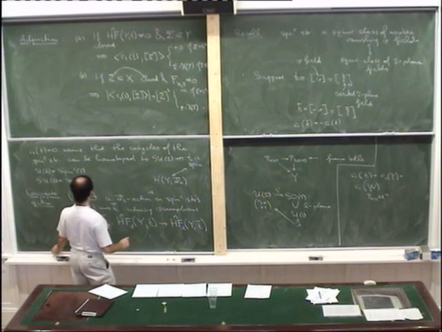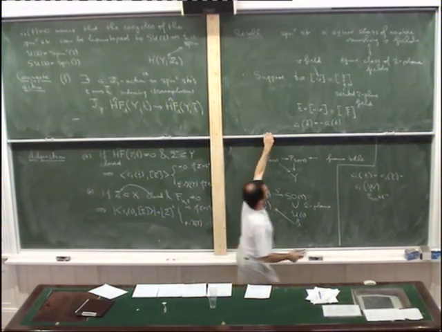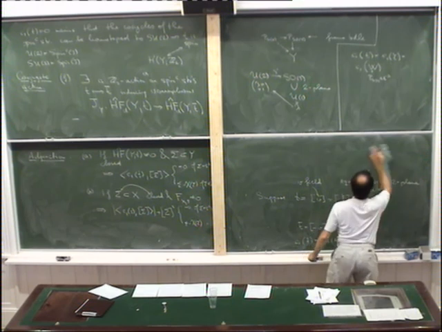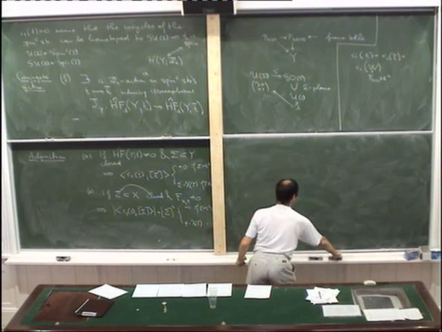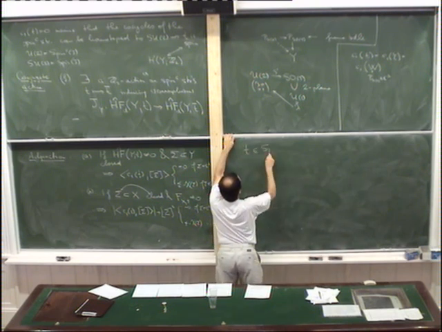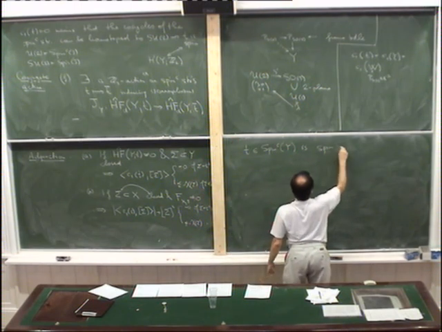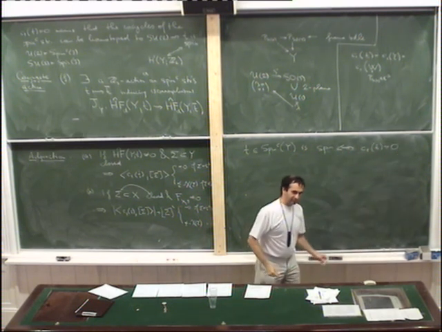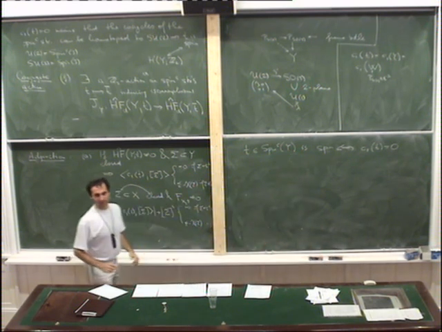So let me just write that down. T is spin if and only if C1 of T is equal to 0. And somehow, it's just a digression. There is no Heegaard Floer or any frightening holomorphic gadgets. It's just pure good old homotopy theory.